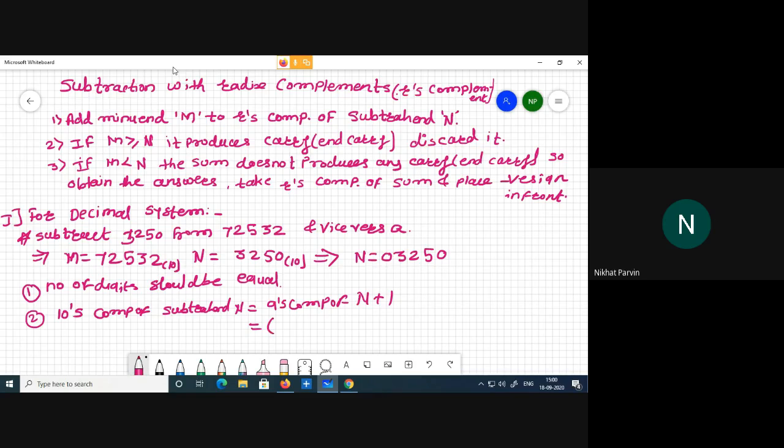Nothing but 9's complement of n plus 1 means what? How many digits am I having? 5 digits. 5 nines minus the actual number, plus 1. If you do so, the result will be 96750. That means this is my tens complement of the subtrahend n.